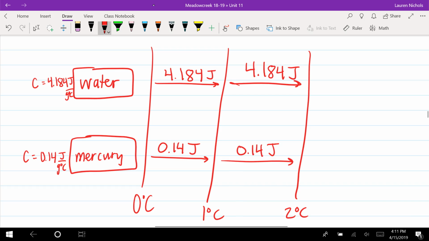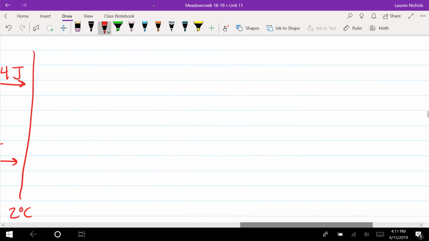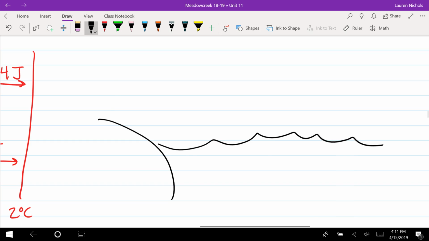And so this is why if you had mercury and water sitting in the sun, receiving the same amount of energy from the sun, the mercury will actually heat up to a higher temperature. This is also why if you go to the beach, you have the water, you've got a palm tree, and you're having a good time.